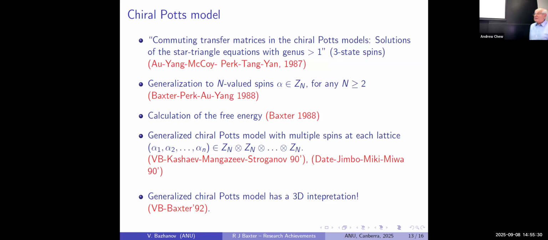And what has happened is that this generalized chiral Potts model has a 3-dimensional structure. What does it mean? We can view it as a 3-dimensional model. I can tell you how that happened.